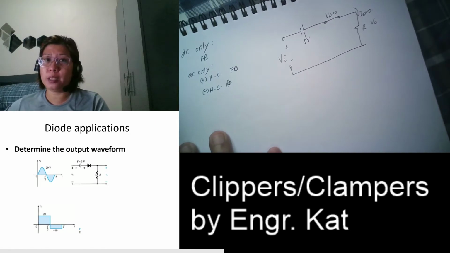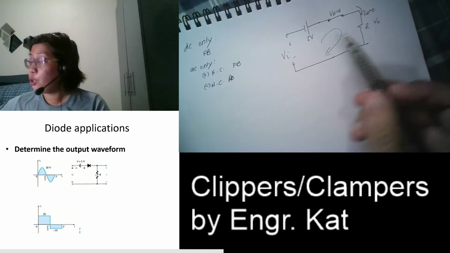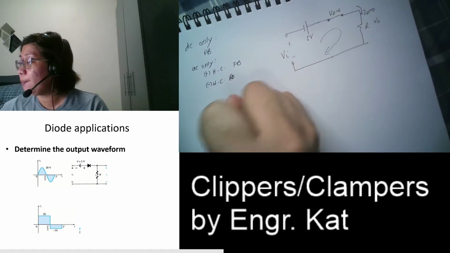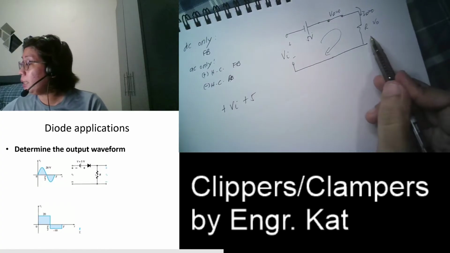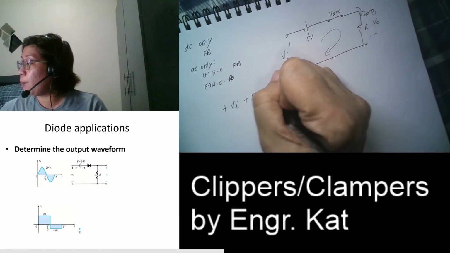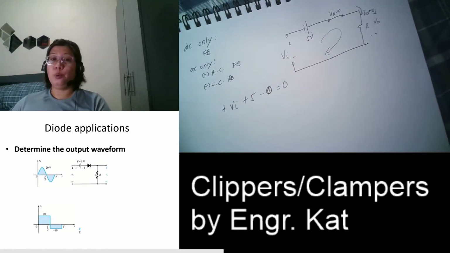How to solve for the transition voltage? If we make a KVL here, we have positive VI, so you have plus 5. This is 0, plus and minus, so minus 0 is equal to 0. So what is your transition voltage there?